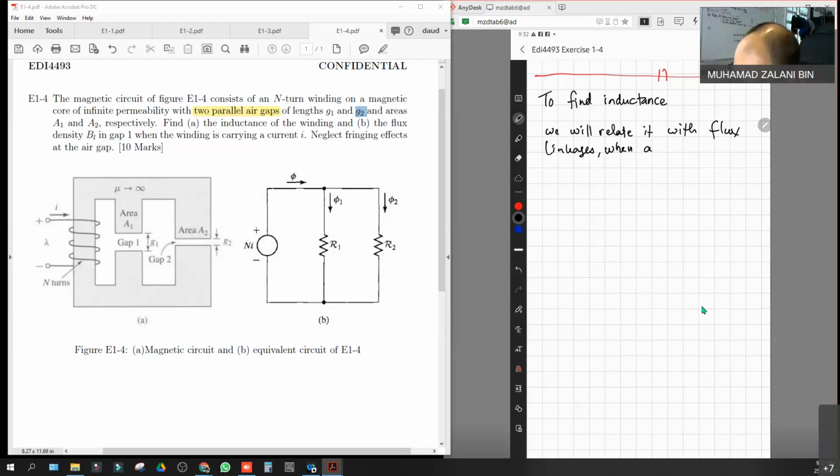When the air gap is dominating, meaning that mu core, bila mu core ni approaching infinity, that means the air gap is dominating, meaning that in this case the core reluctance can be neglected.